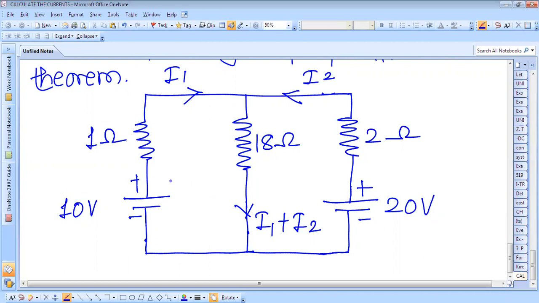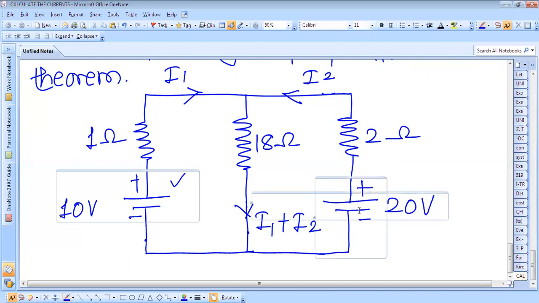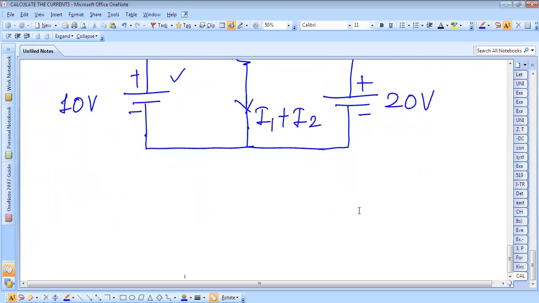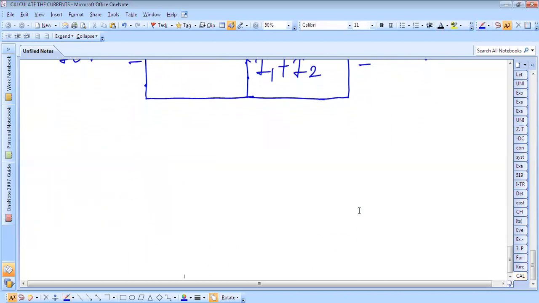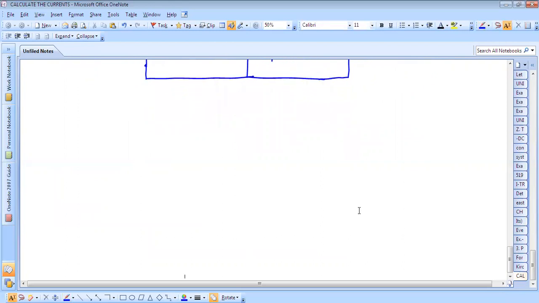So now we will consider this voltage source. There are two voltage sources in the network, so two separate networks can be considered. Okay, so the first network we'll consider.